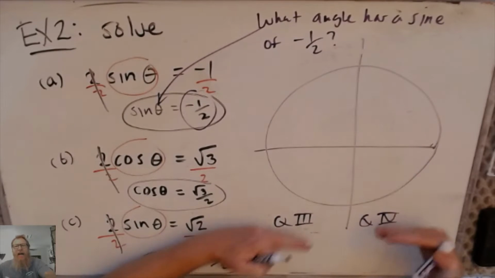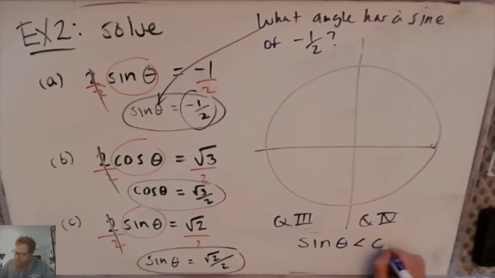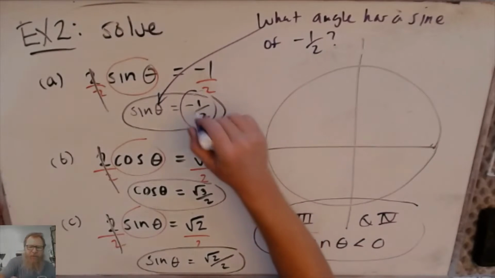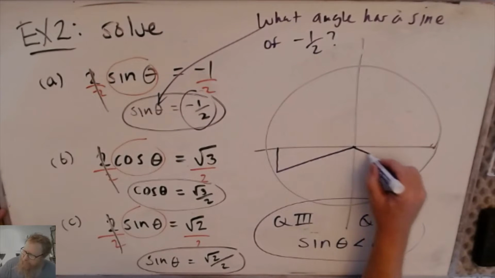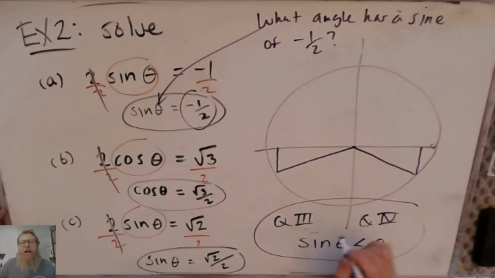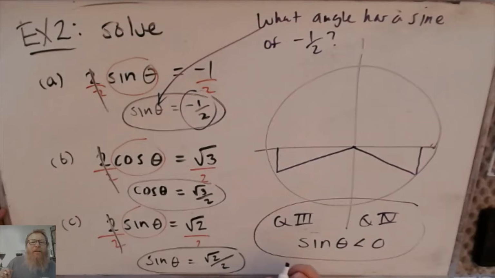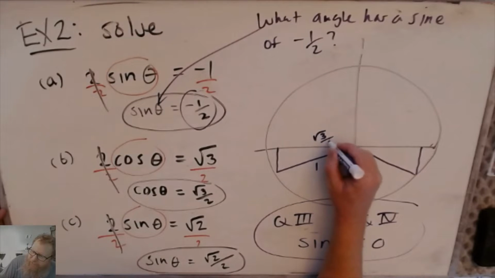Sine is negative in these two quadrants. So it's negative 1/2. Those are two special triangles. There's a couple different ways to do it. In a true unit circle, it looks like this.